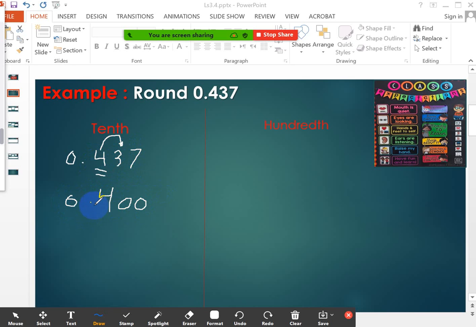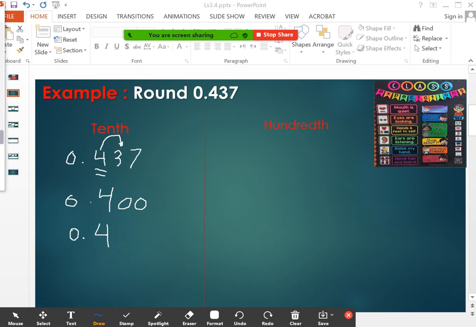So the number will be what? Will be 0.400000. And you know that the zeros here next to the number, on the right side of the decimal number, have no value. So I can erase those zeros. So the number will be what? It's 0.4.